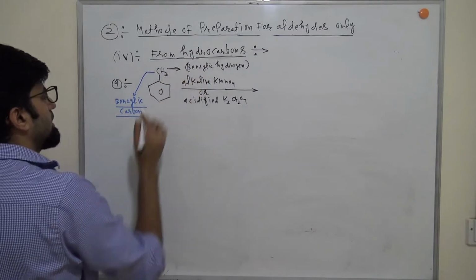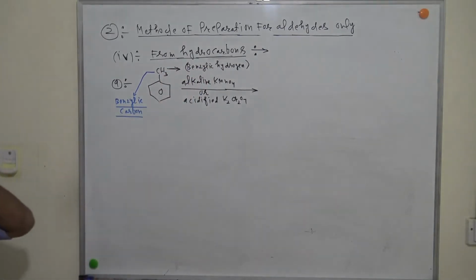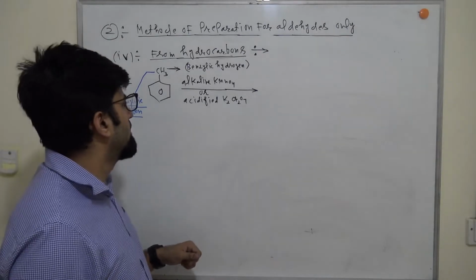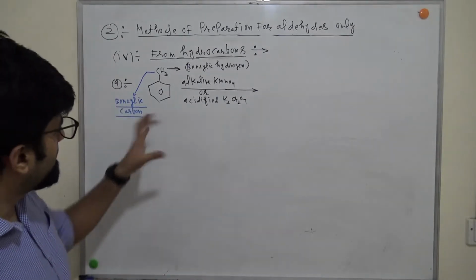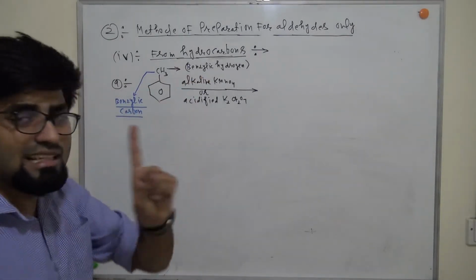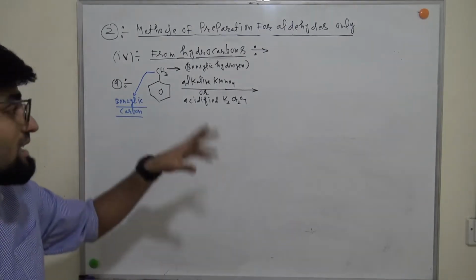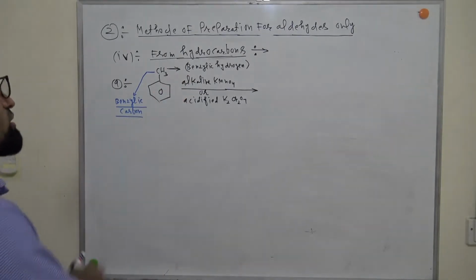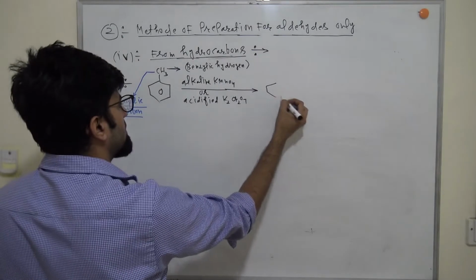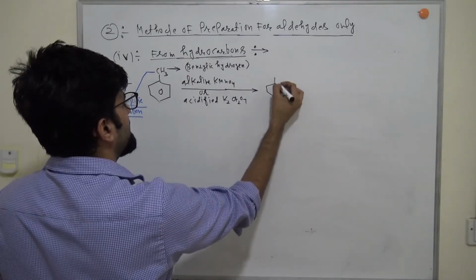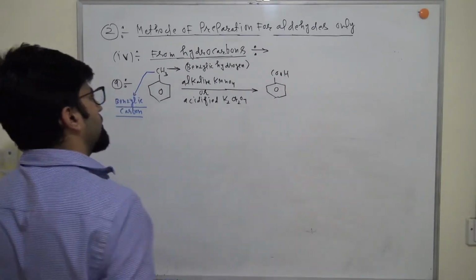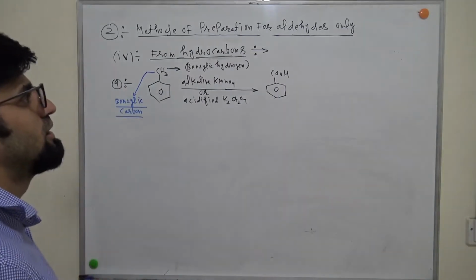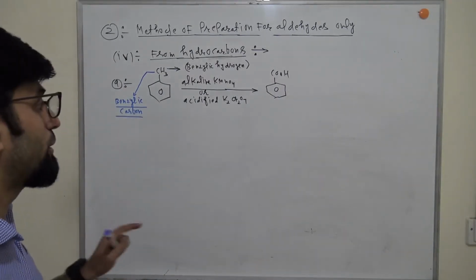So the trick is, if a derivative of benzene like toluene or ethyl benzene contains at least one benzylic hydrogen, then on reaction with a strong oxidizing agent, the whole group will change into COOH. Very, very important, right?